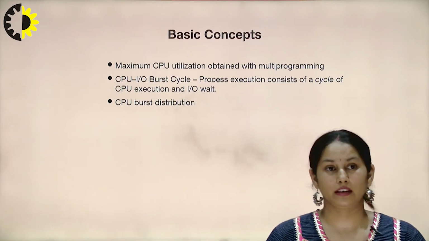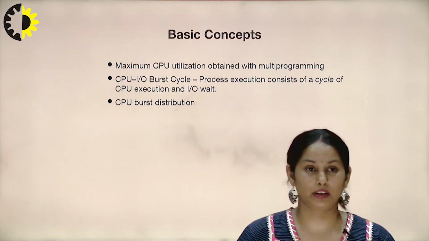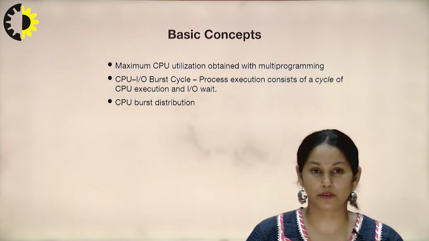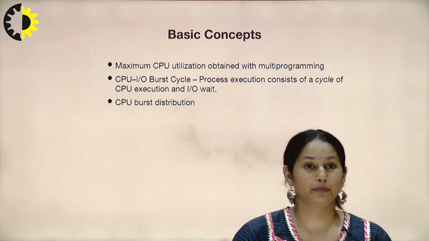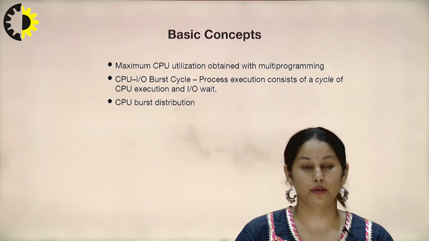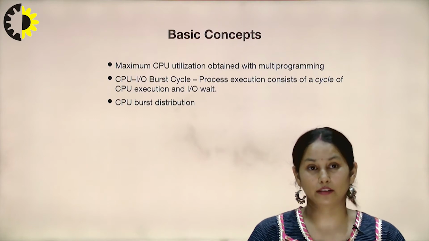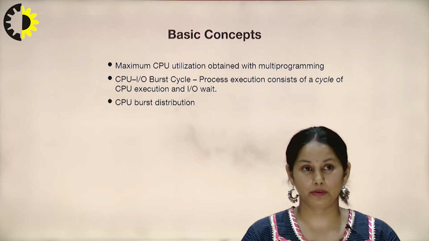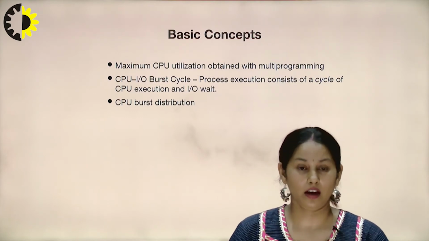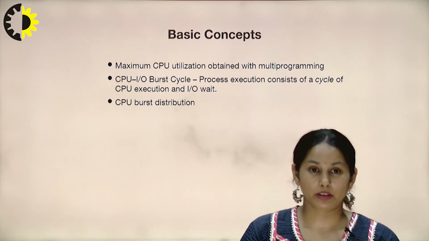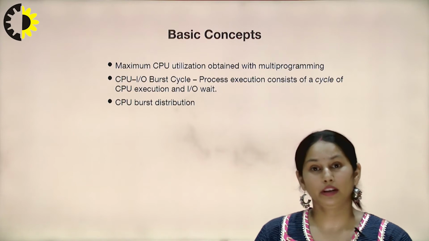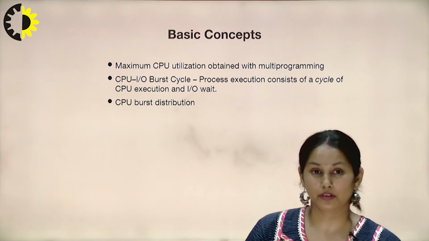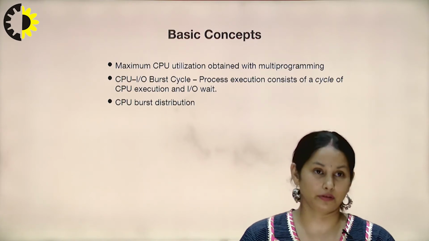You have to see what would be the CPU burst time, what would be the input output burst time, and what kind of process execution occurs whenever you have a process in the CPU. What is the CPU cycle, about what time the CPU has been allocated to that particular process, or about what time the CPU is waiting for the process after completing the input output execution.